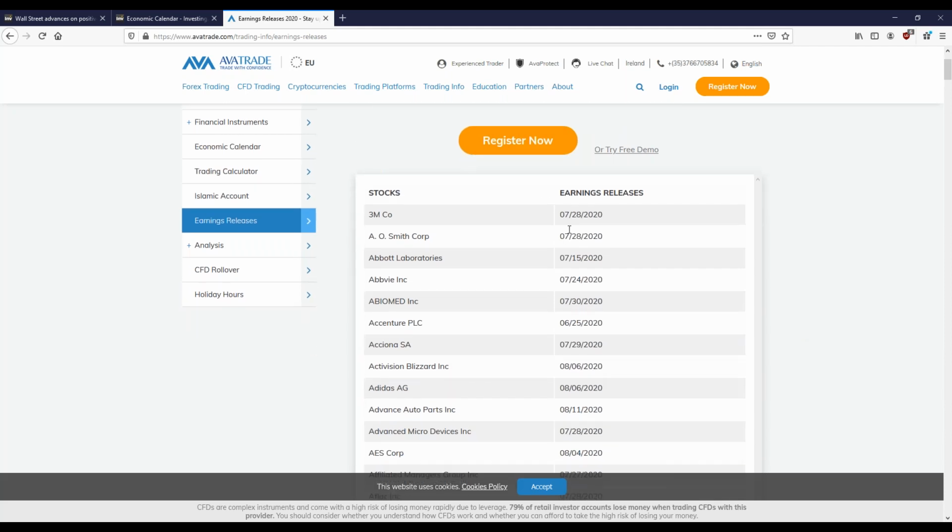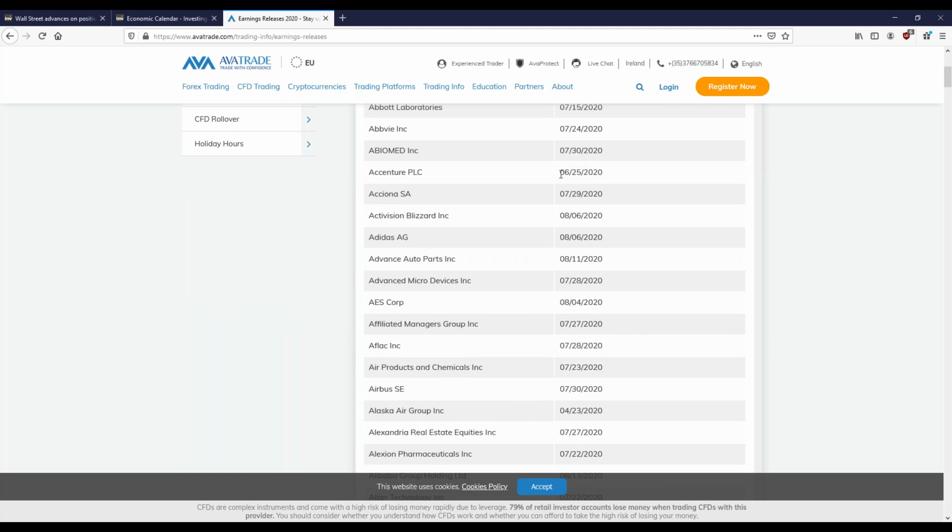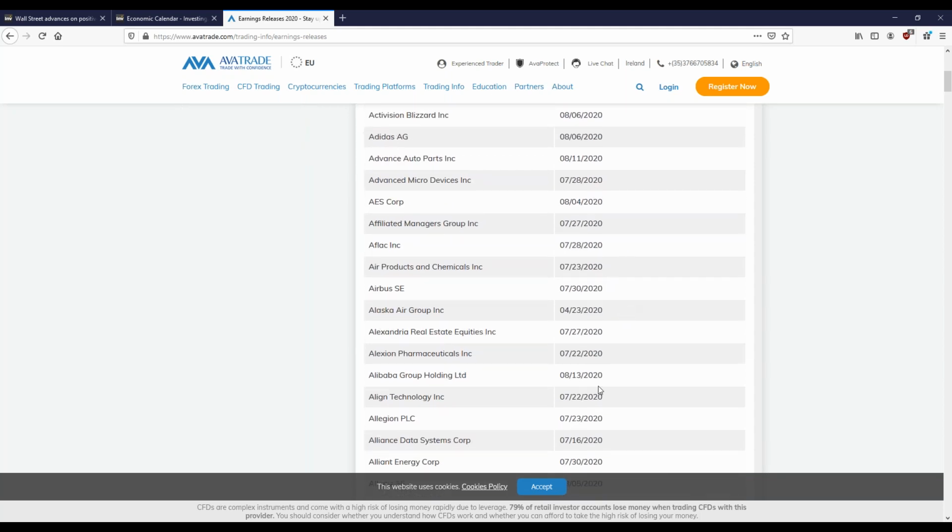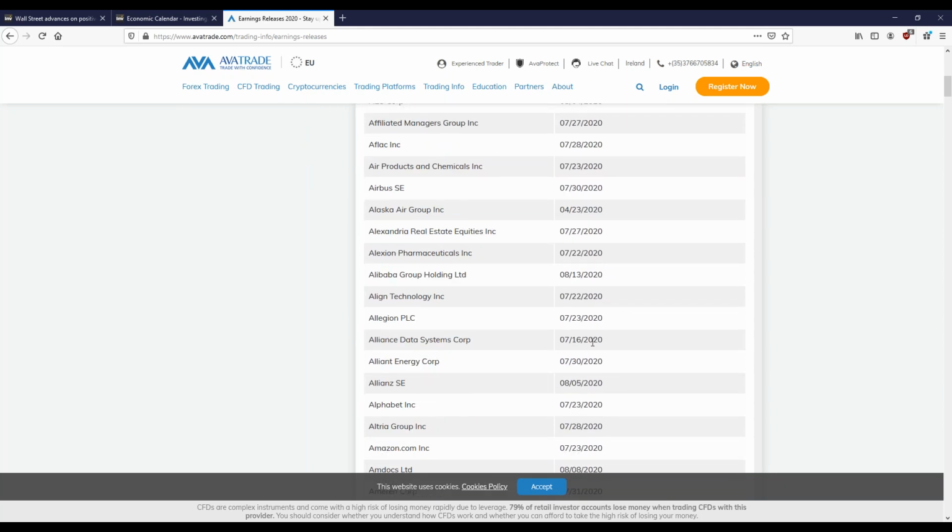And as you look through here on our website, you can see the exact date that the earnings are expected to be released, okay? So you can prepare in advance. Some of them already were released late last month, some are late this month, some are in a couple days. So as you look through, you'll see the different dates.